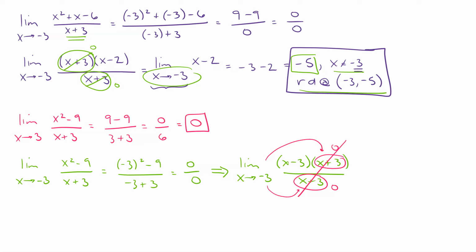Now I have a new look to the limit. I can substitute, and I get -6. That's my limit. My restriction is that x can't be whatever I'm approaching. Whatever I'm approaching, that's my restriction. And then the removable discontinuity, the hole in the graph, will always be the restriction, and then the limit.